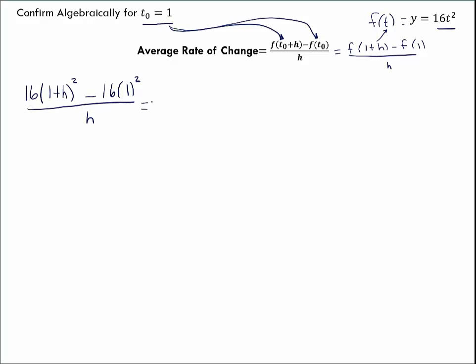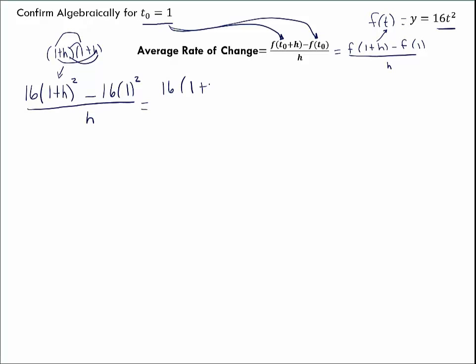Well, let's use our algebra skills that we know. This piece is FOIL. This is 1 plus h times 1 plus h, where you're FOILing out the first term, the outer terms, the inside terms, and the last term. And so the 16's out front. If you remember the little trick, when you multiply a square, you square the first term, so 1 squared is 1.